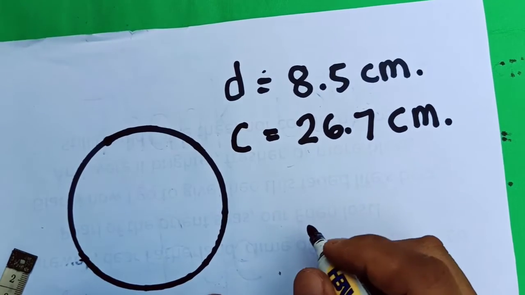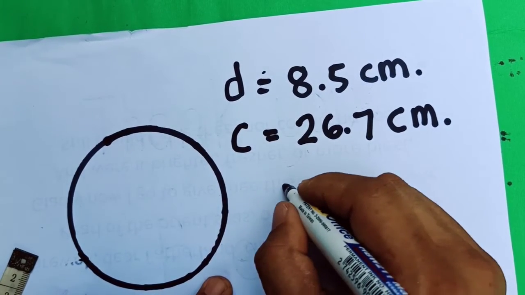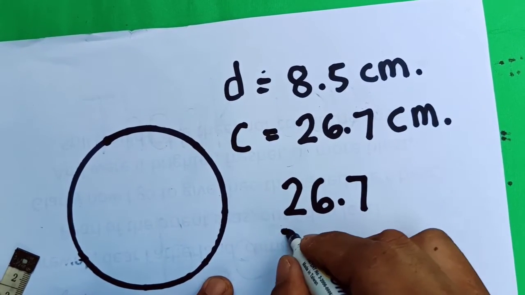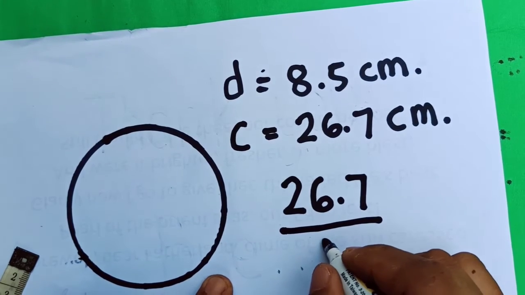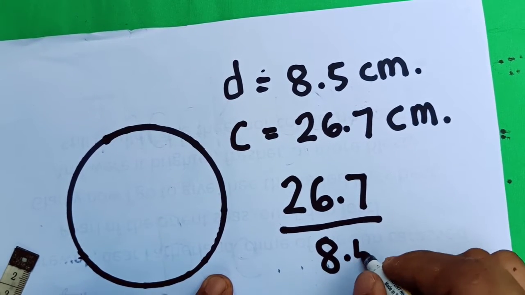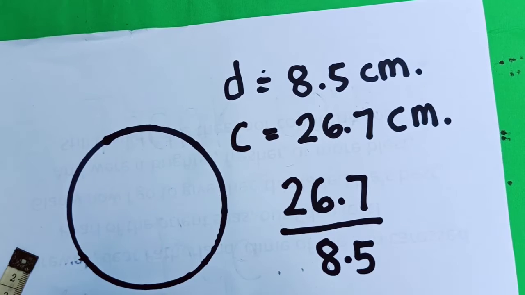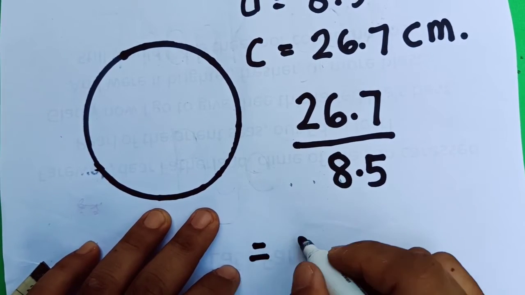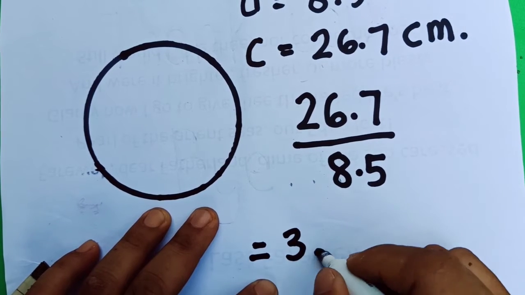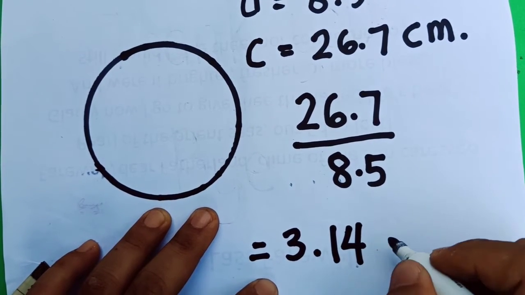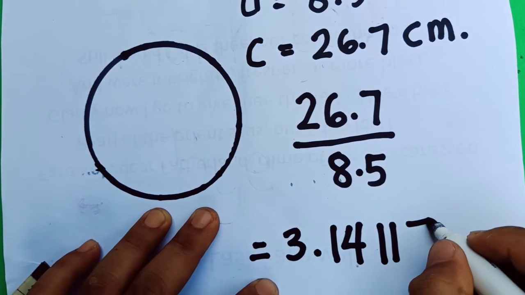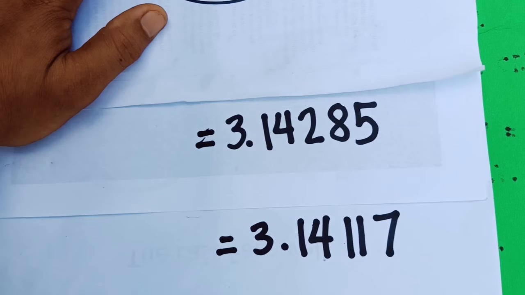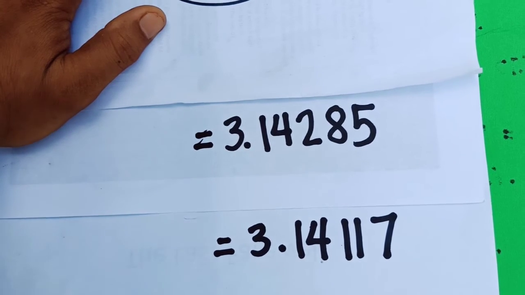If we divide it, 26.7 divided by 8.5, we will get 3.14117. What do you notice about the result of our circumference over the diameter?